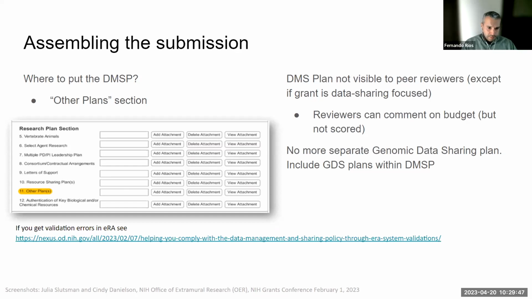It's no longer a separate attachment. I did put a link at the bottom of the slide. The NIH has put some error checking into the submission form. So if you do get validation errors, this helpful link, I found it really useful, clearly explains where those errors might be coming from and how to fix them.